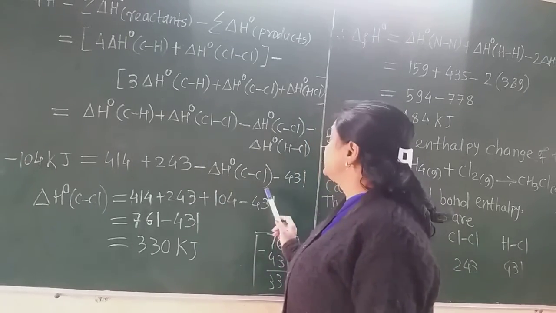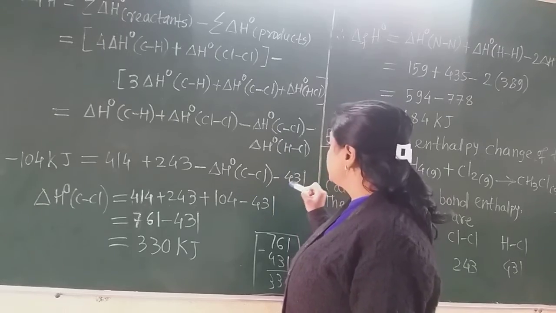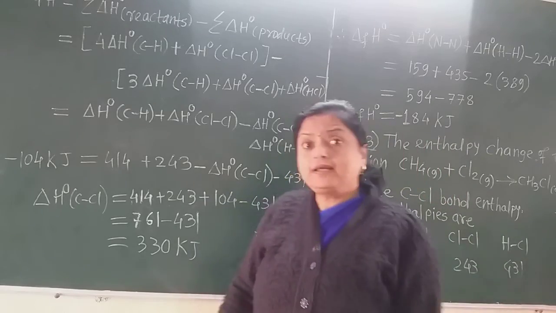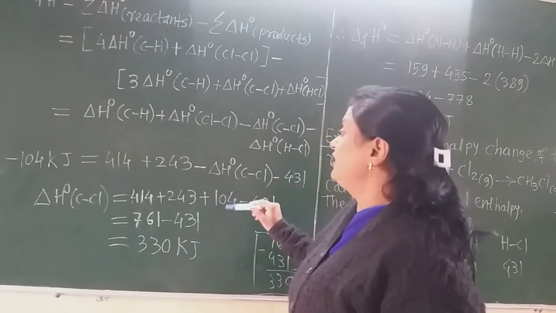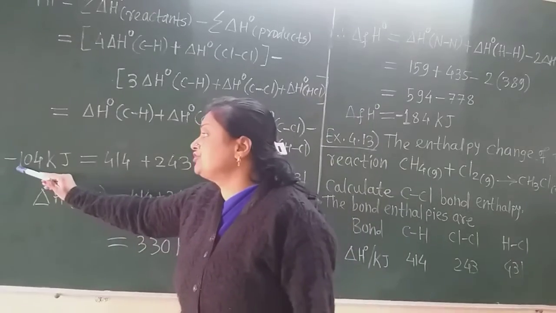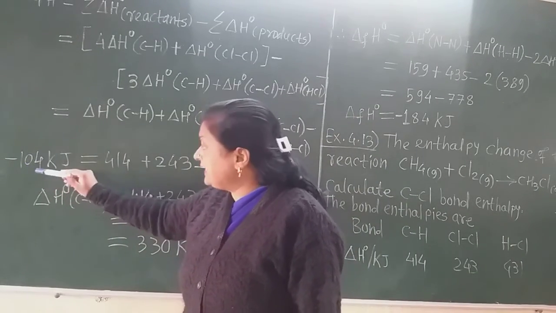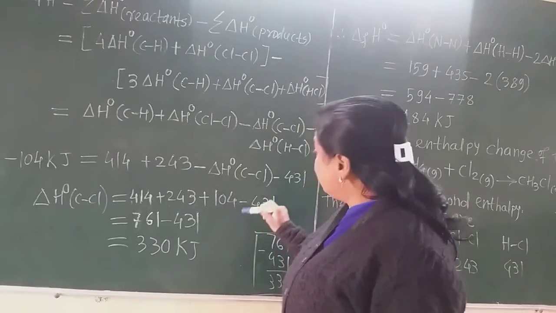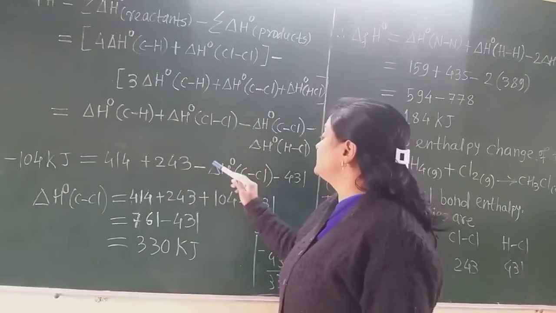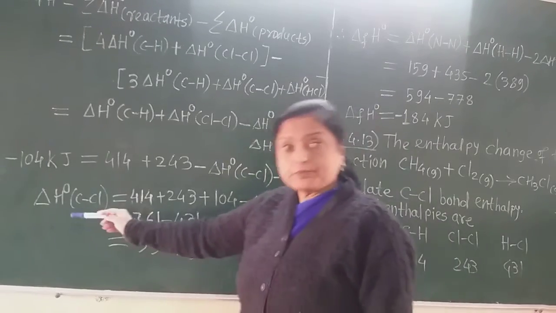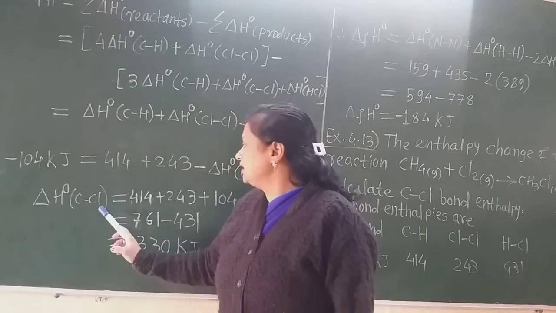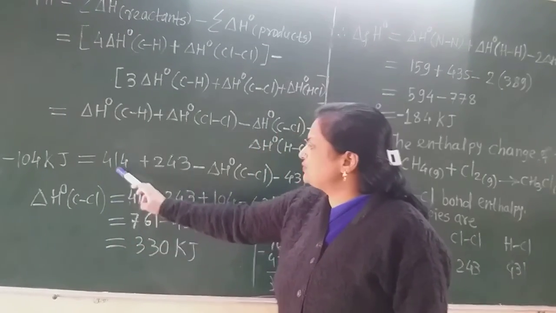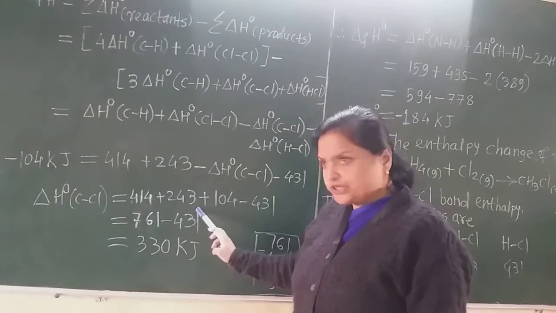So write as it is this and minus 431, because the bond enthalpy of H-Cl is 431. Now if we solve this, now this minus 104, which is the enthalpy of the reaction, comes here and becomes plus 104, and this minus delta H0 C-Cl goes there, it becomes plus delta H0 C-Cl. So this delta H0 C-Cl bond enthalpy is equal to this 414 plus 243.